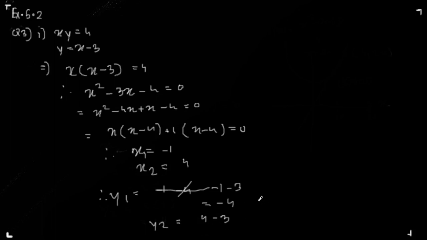I should write that down properly. y2 is equal to 4 minus 3, which equals 1. So yeah, these are all the answers, right?